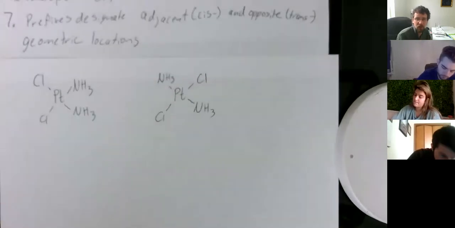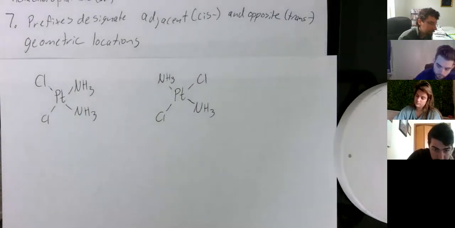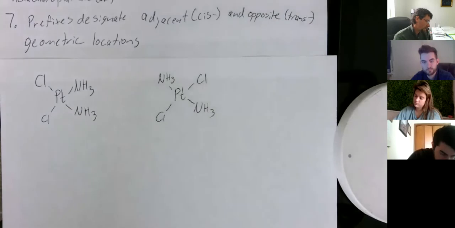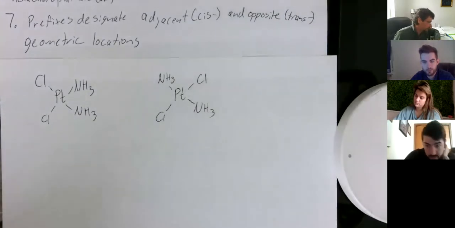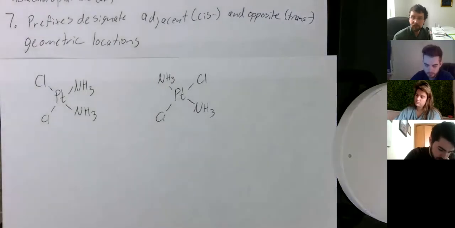So we got these 2 complexes. Let's try and name them. Let's name the left one first. So what type of ligand? Are these locked into a plane? Yep, they're flat. Yep, they're square planar.